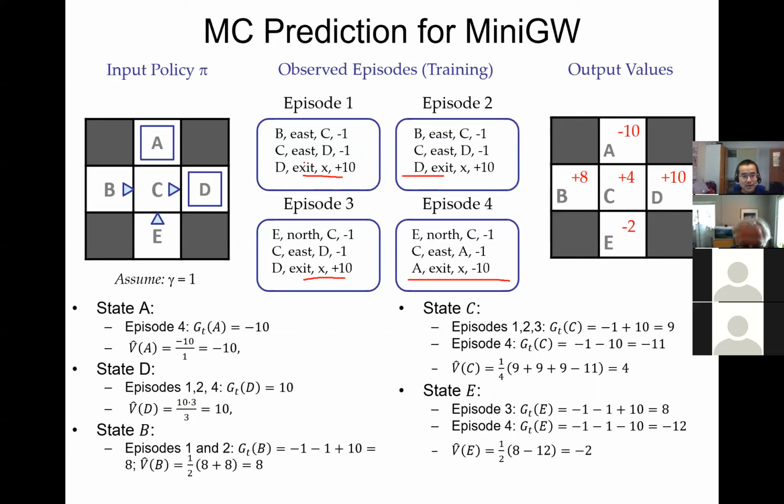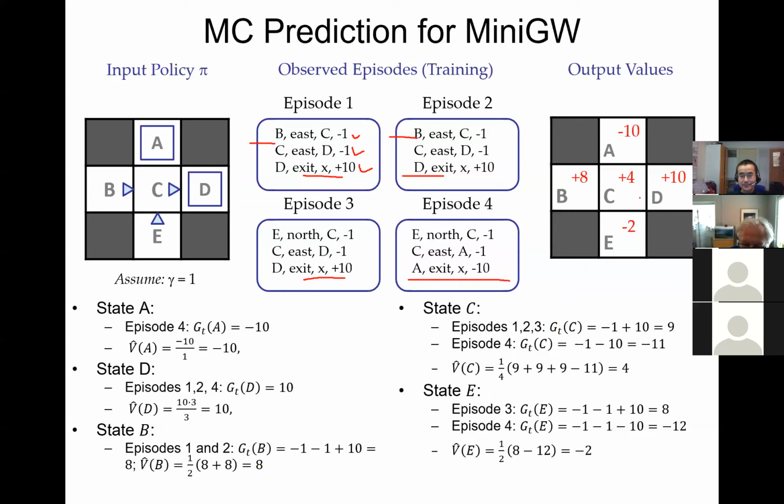For state B, you see it twice. The first time the episode has rewards of 8, -1, -1, 10. The second time is also 8. So the average is 8.